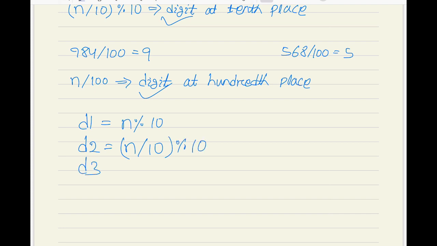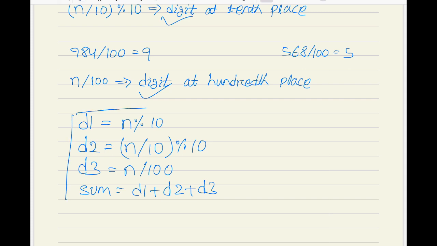Then how to find d3? d3 means the digit that is at the 100th place. So simple, n division 100. Now how to find sum? Sum means sum of the digits. So d1 plus d2 plus d3.